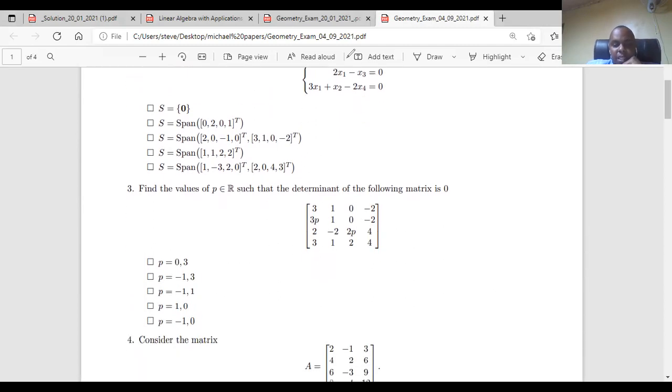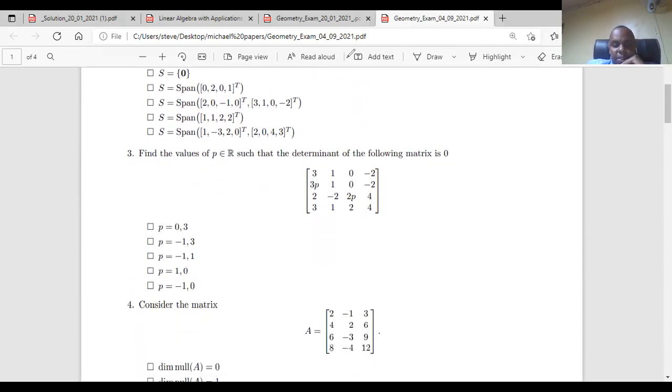Find values of P such that the determinant of the following matrix is 0. So P must equal 1. How did you get that?